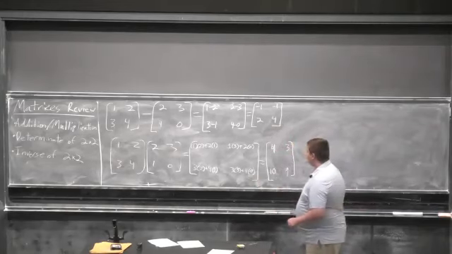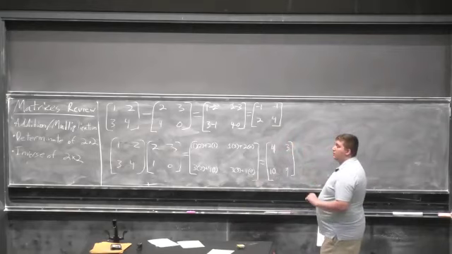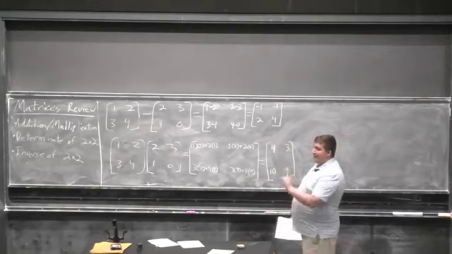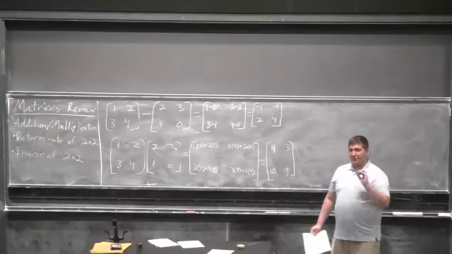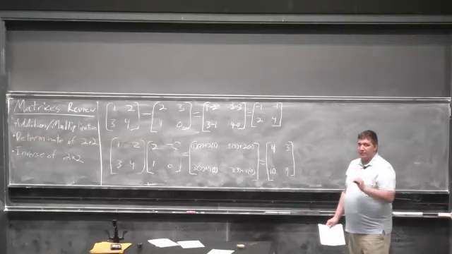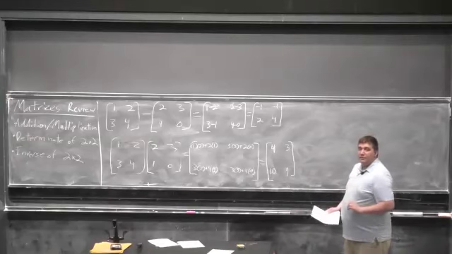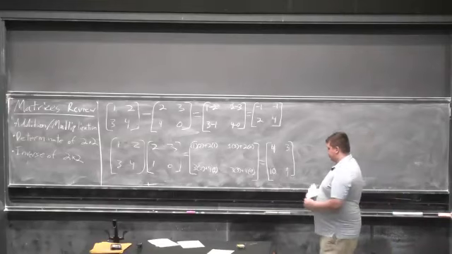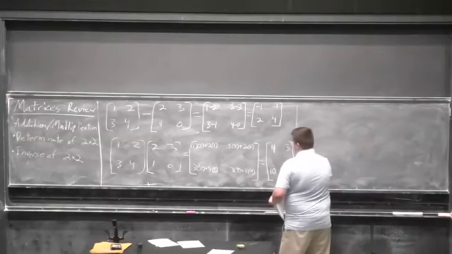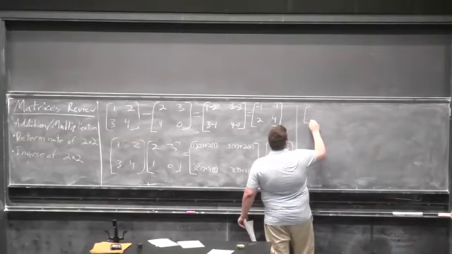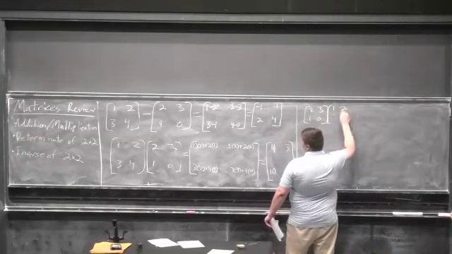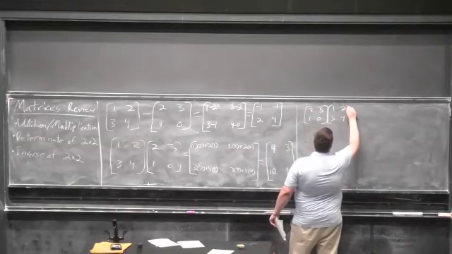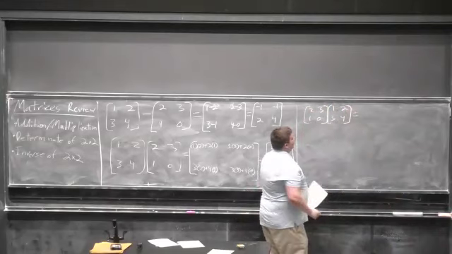Now, it is extremely important that matrix multiplication is not commutative. Let's verify that here. If I have the matrix 2, 3, 1, 0 times 1, 2, 3, 4, what do I get?